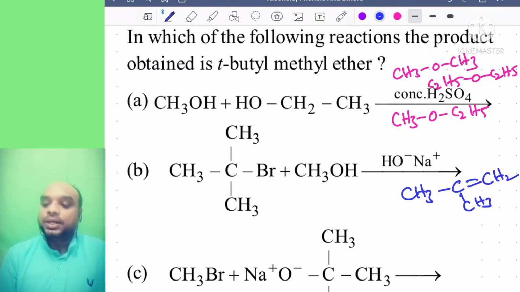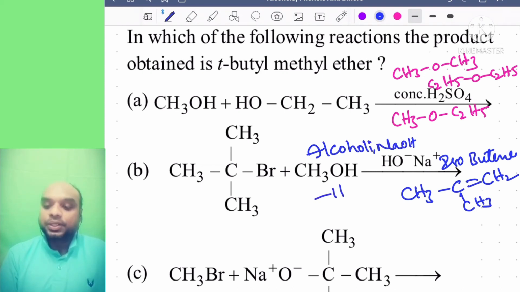Like that, we are getting isobutene. So this is alcoholic NaOH, and it is dehydrobromination.